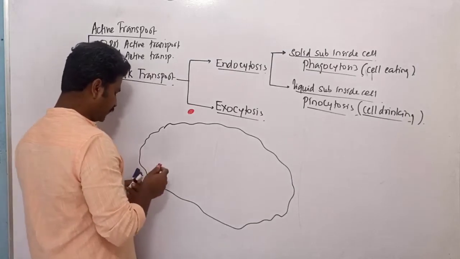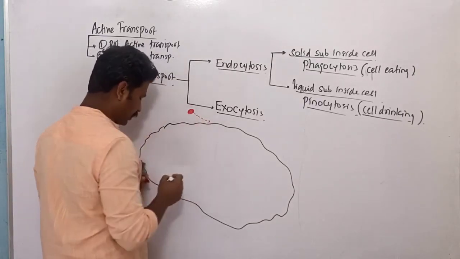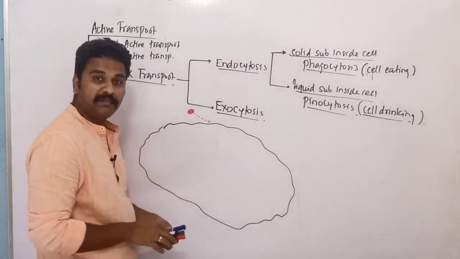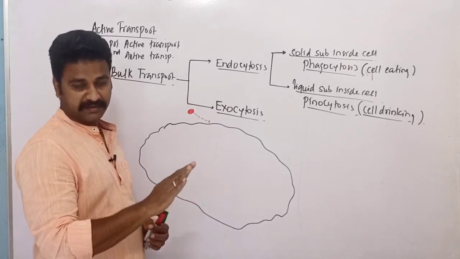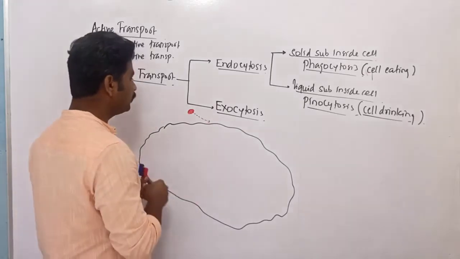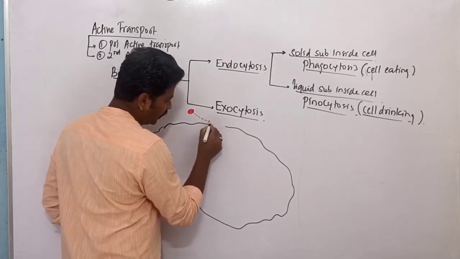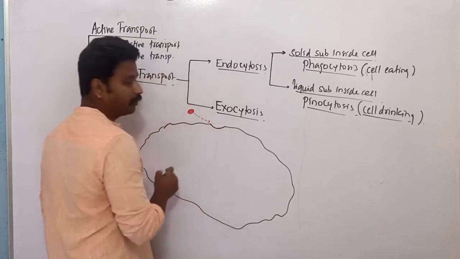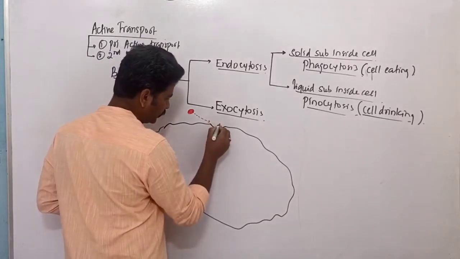Whenever this food particle comes in contact with the amoeba, the plasma membrane will form an indentation. It will form a fold which can accommodate the food. So here the plasma membrane forms an indentation, a fold which can accommodate the food like this.